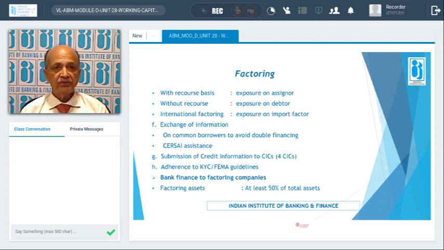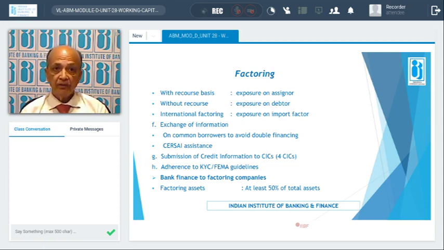Then another exposure norm is that suppose it is with recourse. That means the bank has recourse, that is, it can go back to the debtor. Then it can be against the assignment, that is, exposure on the assigner, on whose behalf these bills are raised, which have been taken up for factoring.